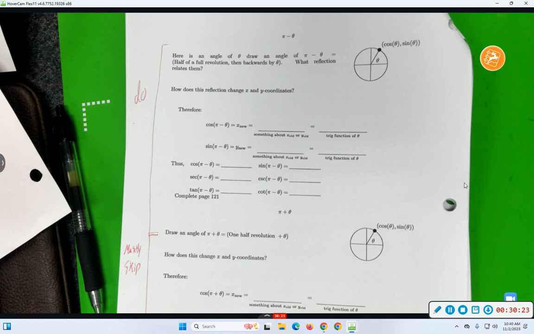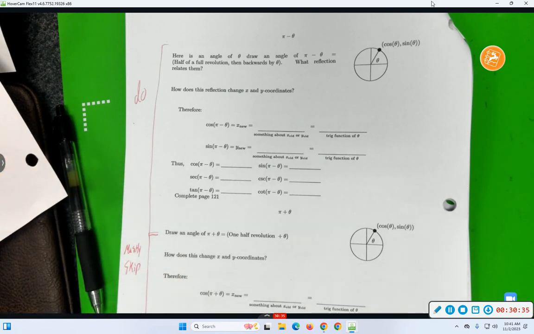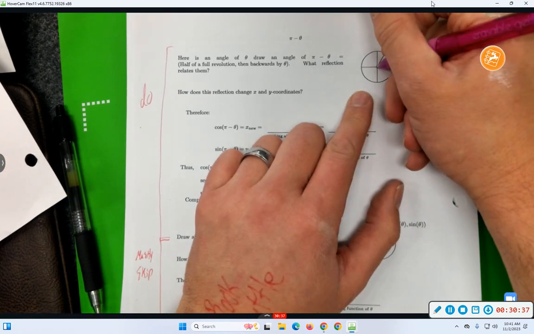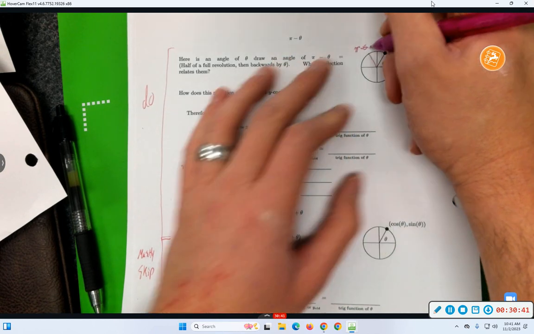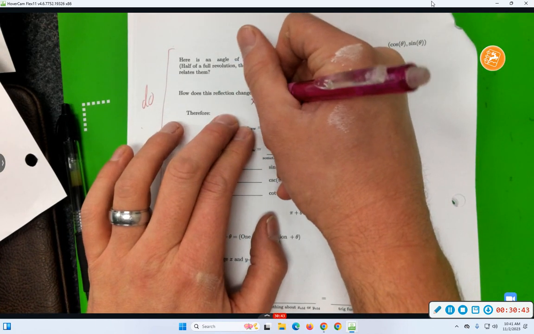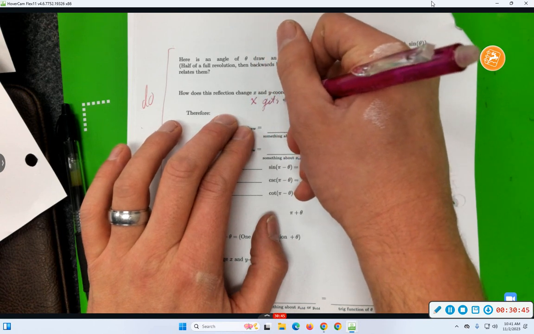Same number, but this one has a negative x coordinate. So, drawing that, if there's an angle of theta, then there's an angle of pi minus theta. It looks like x gets negated.